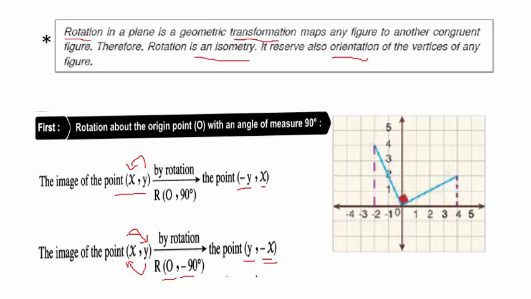Here, this point A is 4 in x and 2 in y. When the rotation is 90 degrees, what is the direction? Bravo, anti-clockwise. So A dash will be here.